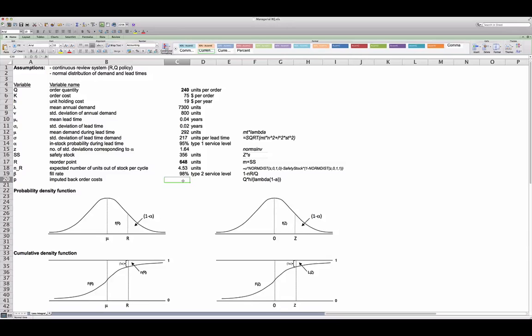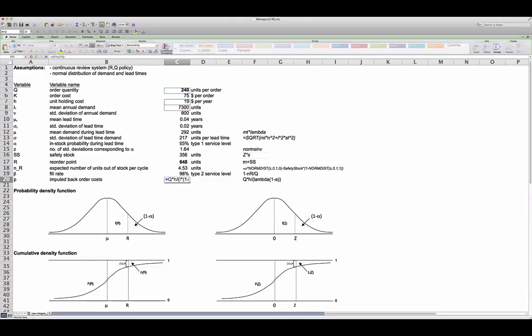Now what I can do is rearrange the formula to tell me what the value of P is that would be implicitly associated with a given value of alpha. So all I do is calculate the imputed backorder cost P as Q times H divided by, in parentheses, lambda times 1 minus alpha. And now make sure you use proper parentheses here.